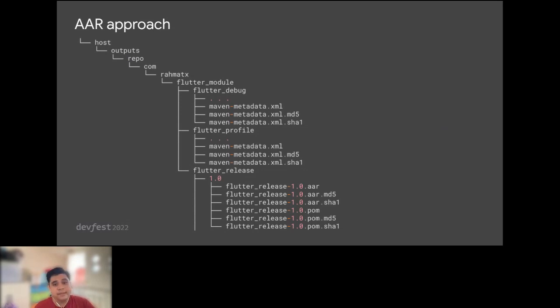After executing the flutter build aar command, you will have these three directories for debug, profile, and release. And as you can see, there is an AAR file underneath it, which later we need to depend on in our Android app source code.